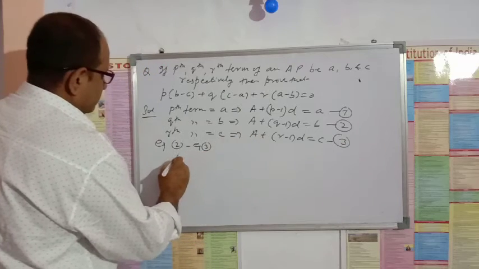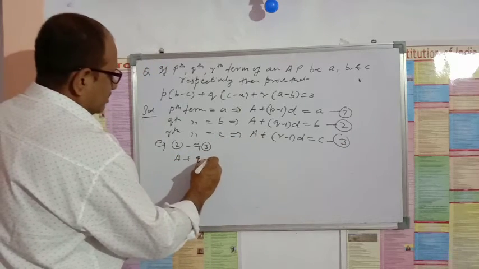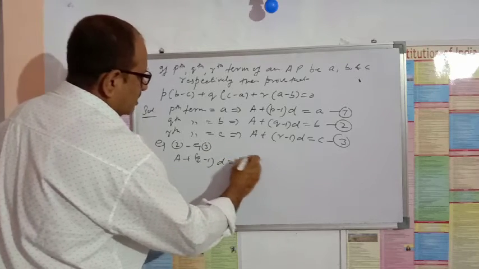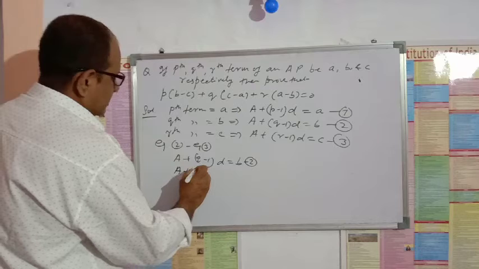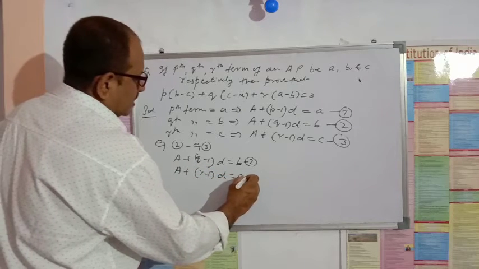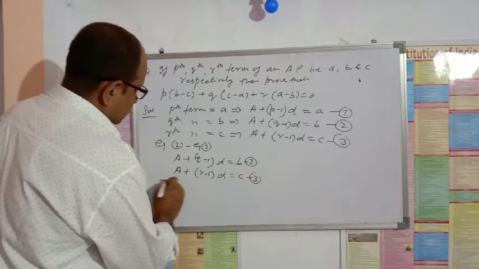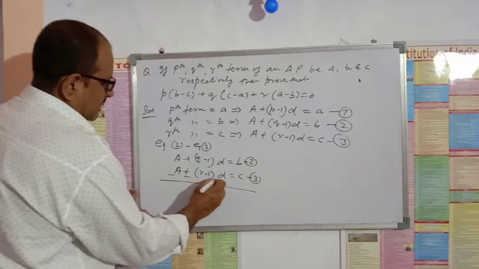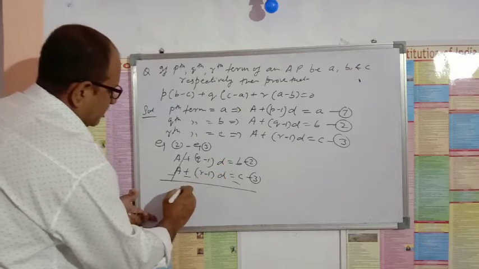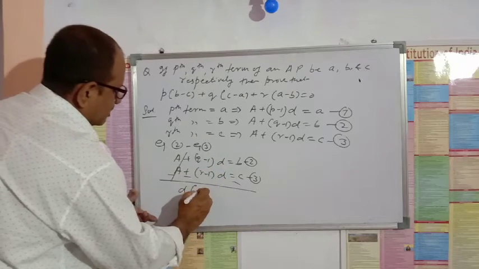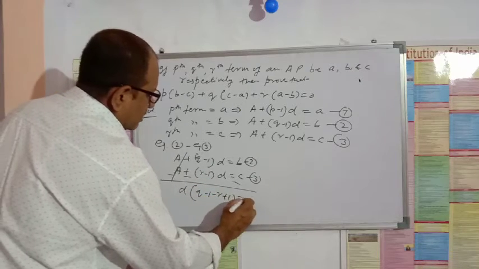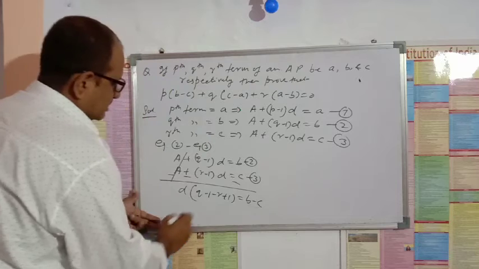What is equation 2? A plus (q minus 1) into d is equal to b, and A plus (r minus 1) into d is equal to c. Subtract. We will change the sign. A cancels. When we subtract, we will take d common. So it will be q minus 1 minus r plus 1, is equal to b minus c.